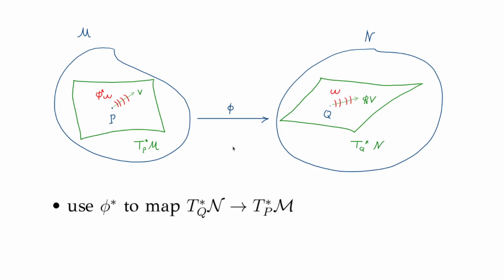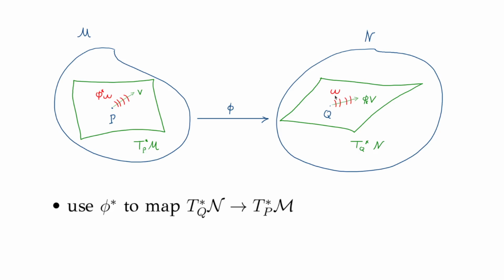We can use a similar construction to map one-forms between the two manifolds. Here we will see that we will be able only to pull back one-forms at Q to one-forms at P. Therefore, let's consider the dual of the tangent spaces at Q and P respectively.